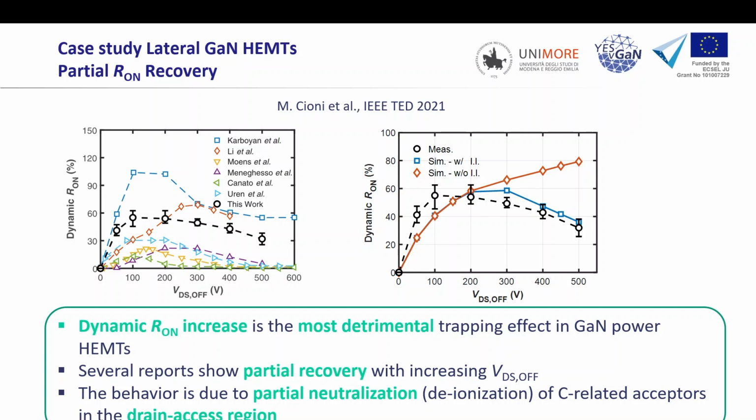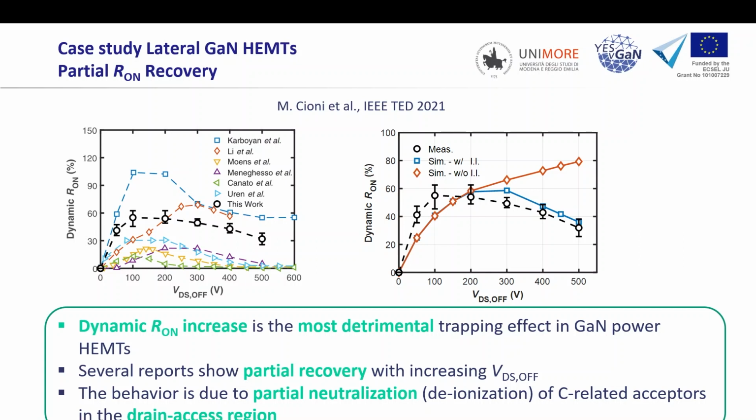Going back to Ron, these are devices from partners, ST. They have a GaN layer in the gate stack, and we did this kind of measurement. We saw that by applying different VDS, so by switching off the device at different bias, you see first an increase in Ron and then a decrease.